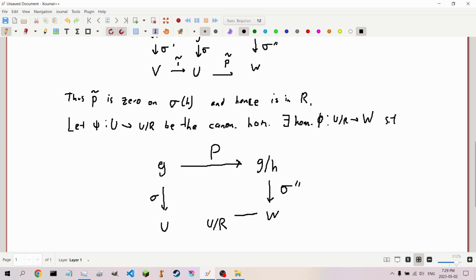And we have this map phi with an inverse. And this is the canonical homomorphism. And this we're going to have as theta.